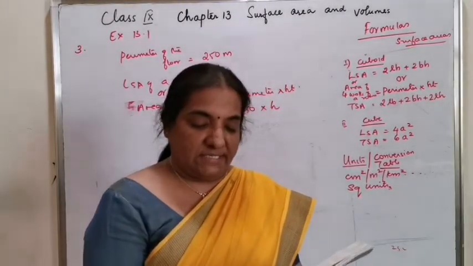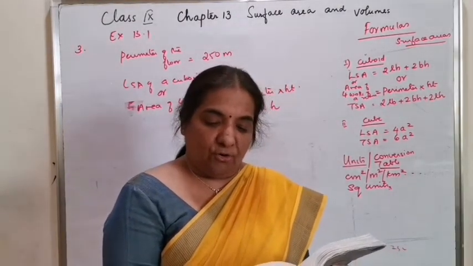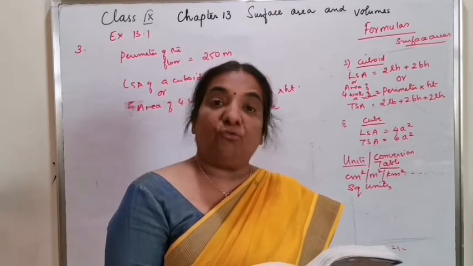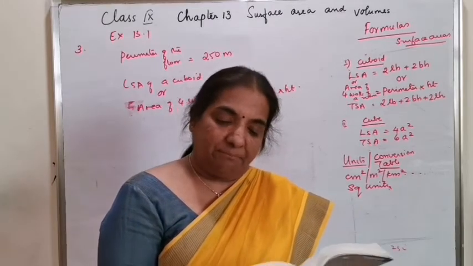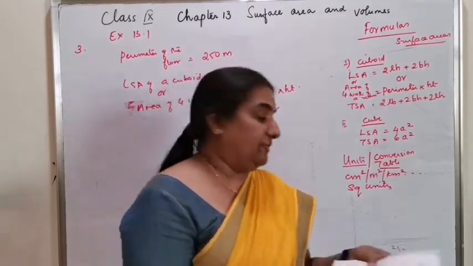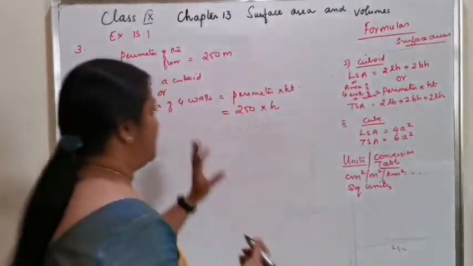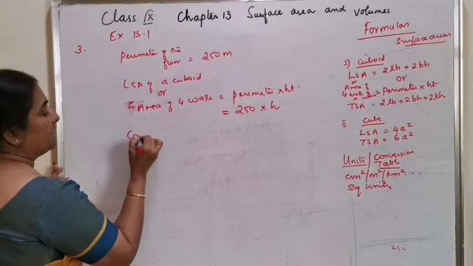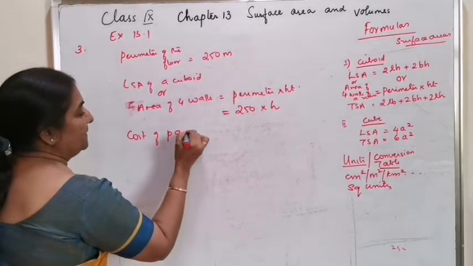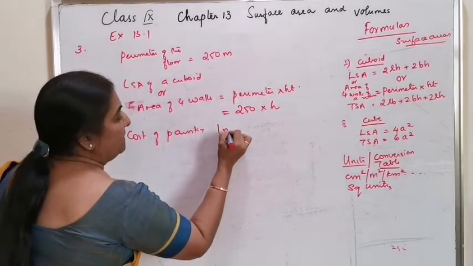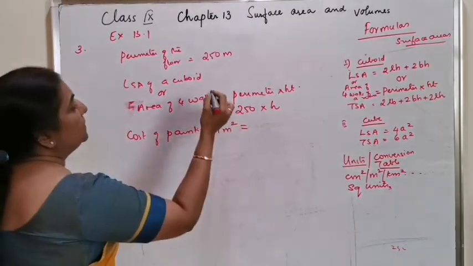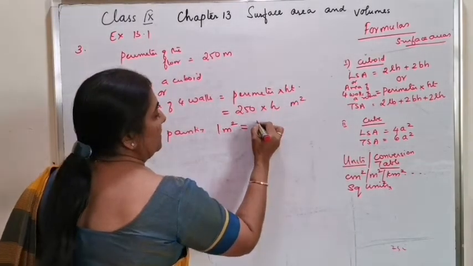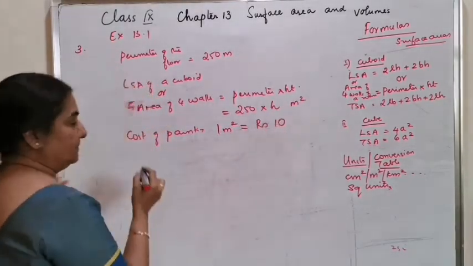Now, what the question says is, if the cost of painting the 4 walls at rupees 10 per meter square is rupees 15,000. So, with the same formula, you can write cost of painting 1 meter square is equal to rupees 10.